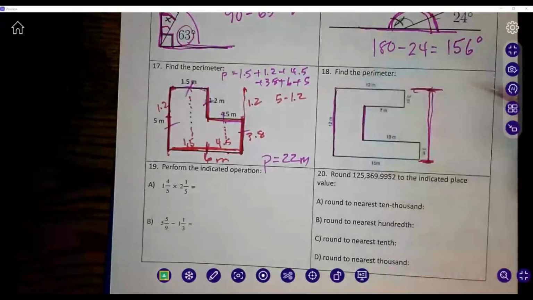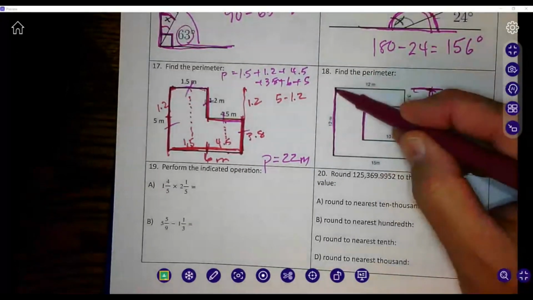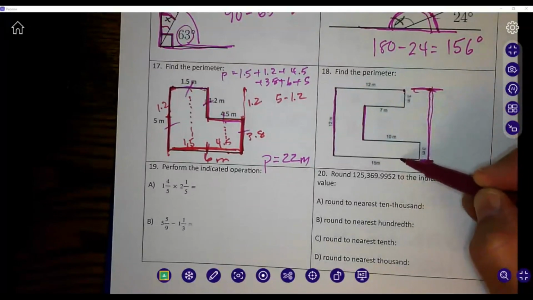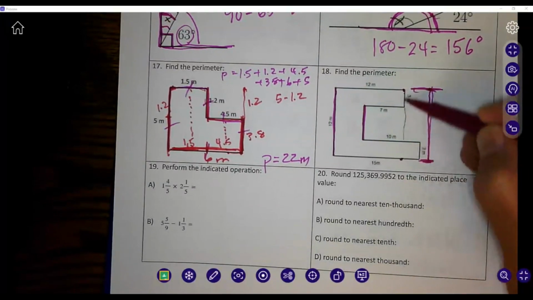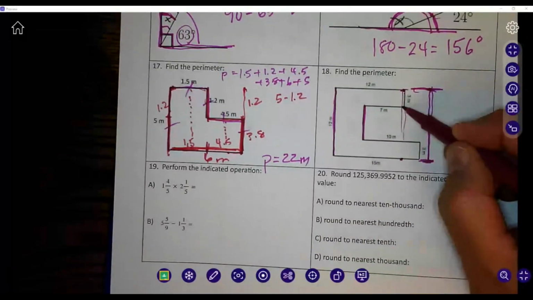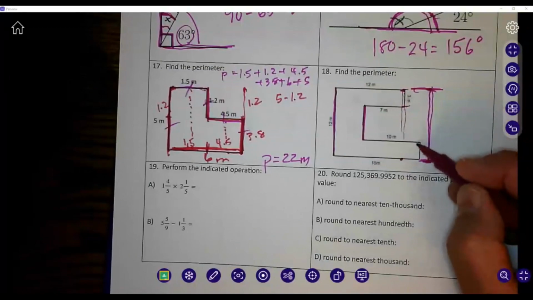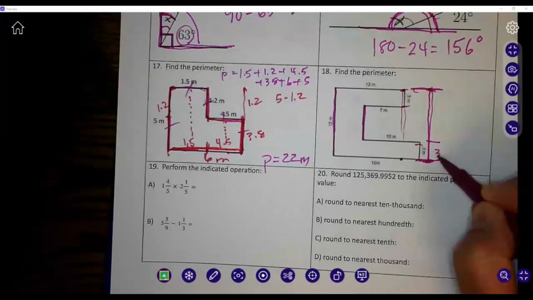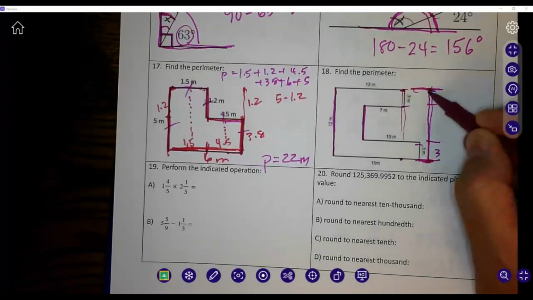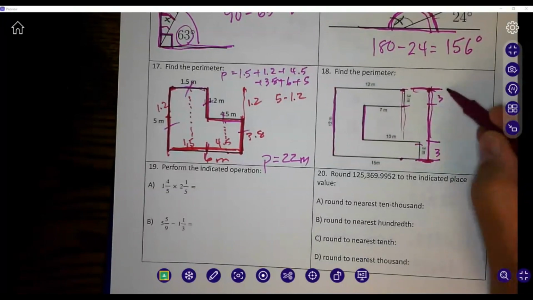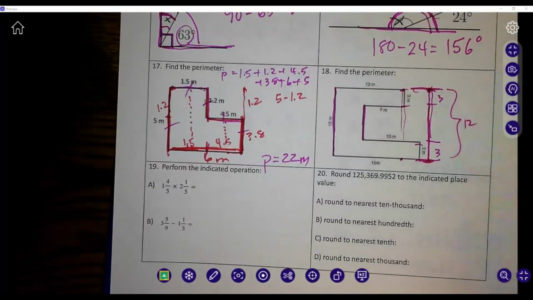Think of a house. So this wall is 12 meters. So from here all the way down to here is also 12 meters. Well, we know this much is 3 meters, and we know this much is 3 meters. I need this piece here. Well, all of it is 12.